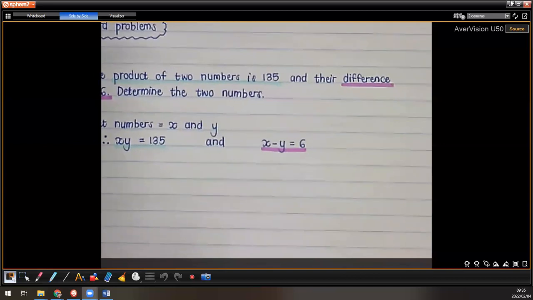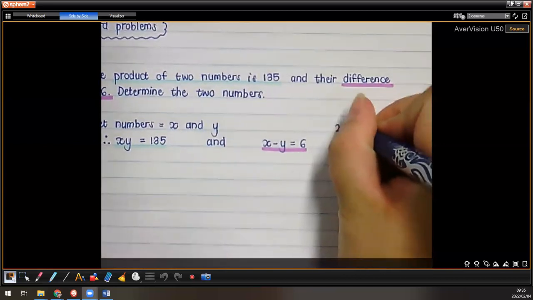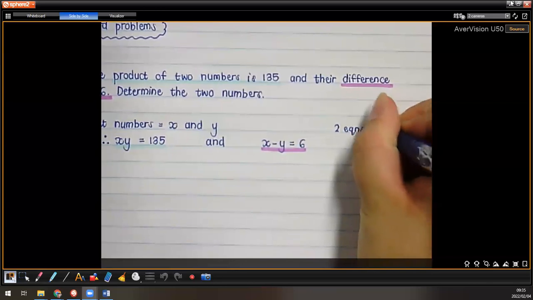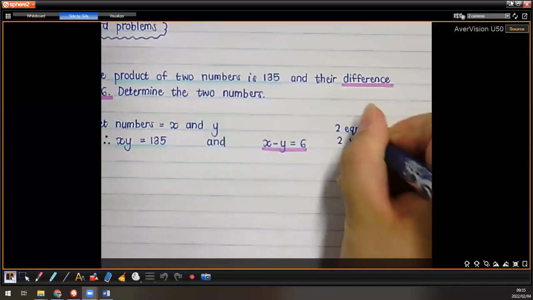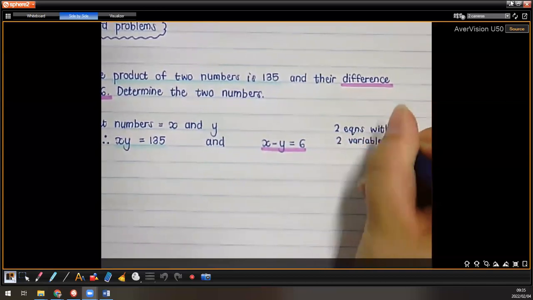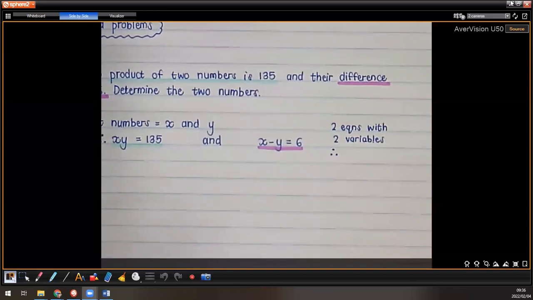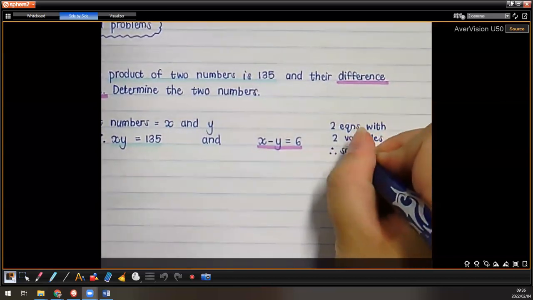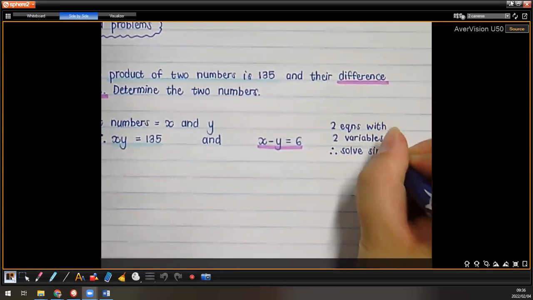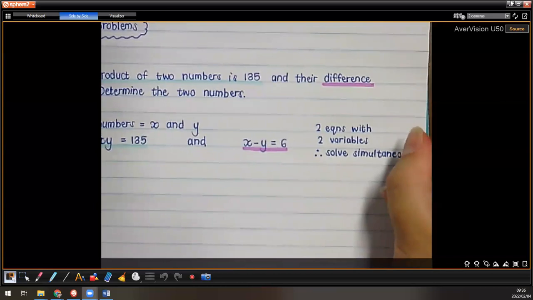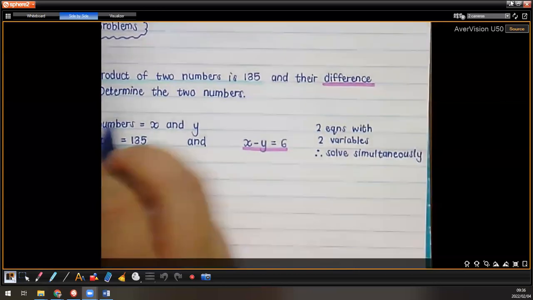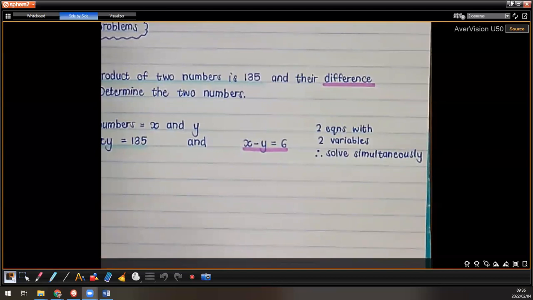I'm going to write on the side, we have two equations with two variables, therefore solve simultaneously. They are asking us for both numbers, to determine the two numbers. So if the one number is x and the other one is y, we now need to find x and y. So we need to solve them simultaneously.